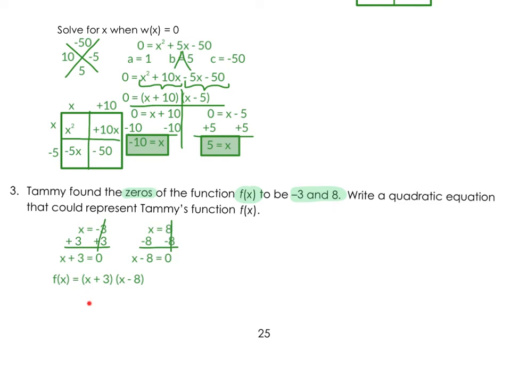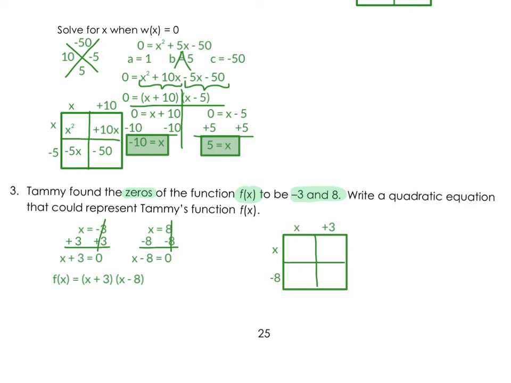Now, the one last thing I'm going to show you, to go one step further and simplify, is we could use the area model to figure out what the quadratic is. So off to the side, I'm writing the x plus 3 and the x minus 8 being multiplied. And then we can fill in the area model.